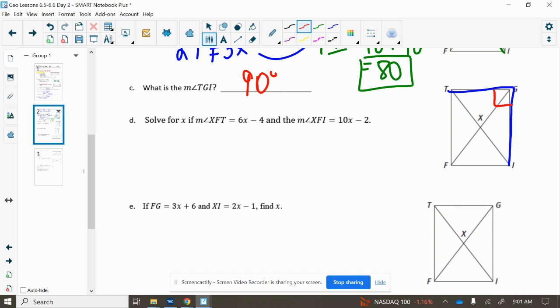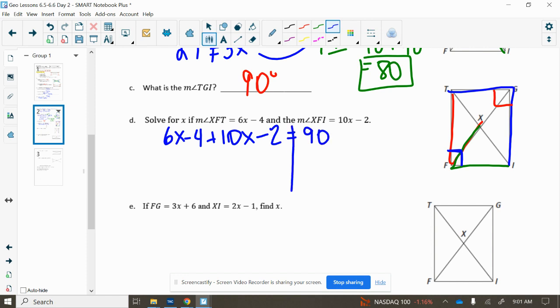And notice then on the second part, if they gave us XFT, this little angle right here, and they gave us XFI, instead of those pieces being equal to each other like they are in a rhombus, in a rectangle, our 2 little pieces have to add up to equal that right angle. So 6x minus 4 plus 10x minus 2 has to equal 90.